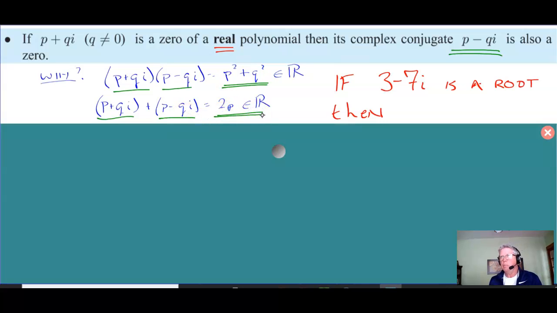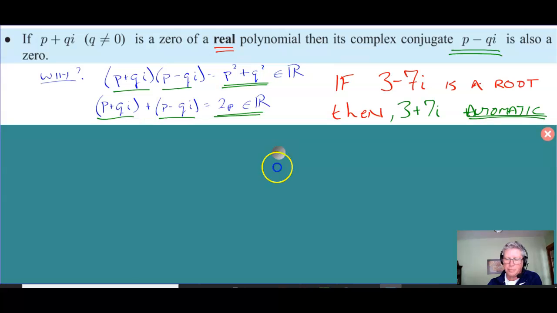So in other words, when you multiply all those linear factors, you're going to get this polynomial. The i's are all going to cancel out, and that's why you have to have complex conjugates in there. So if 3 minus 7i is a root, then 3 plus 7i is too. And this needs to be automatic. All these problems that you'll run into, if you don't see that right away, you have no chance of doing the rest of the problem.